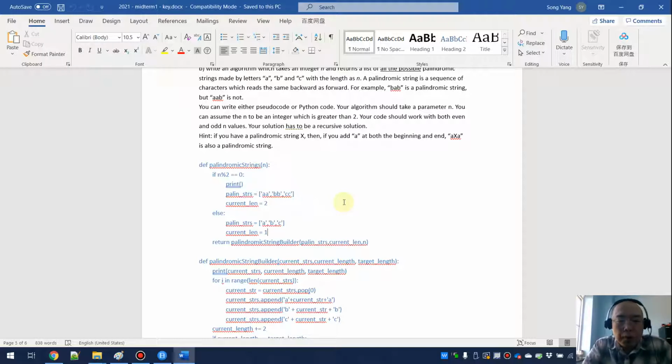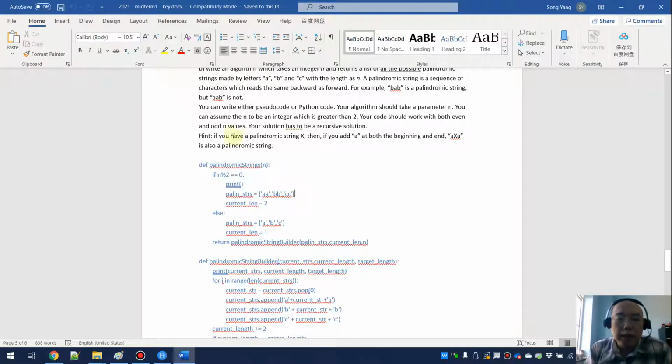So either way, I want to create a set of the seeds, no matter n is even or odd. So if n is an even value, then I'm creating palindromic strings to be AA, BB, and CC, and the current length will be 2. So those are my seed palindromic strings.